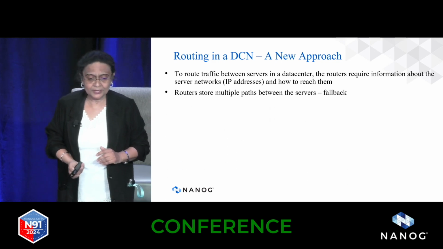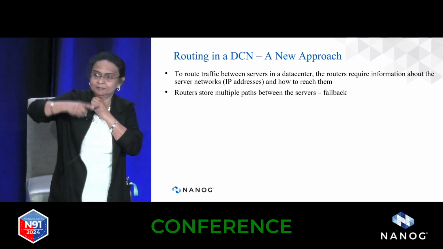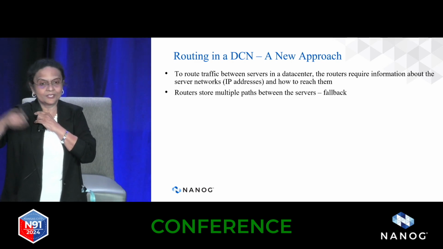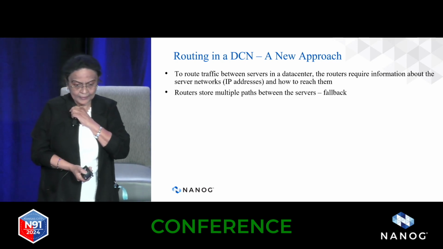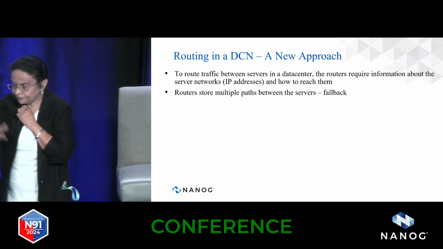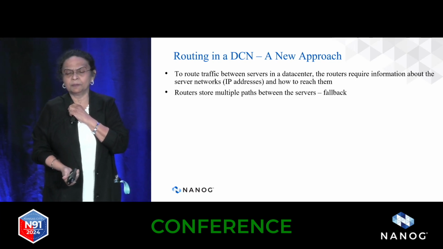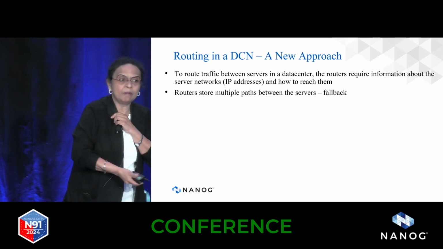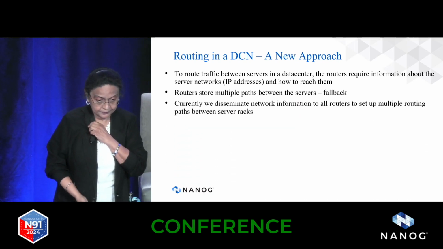You don't need all the paths between every router, and that doesn't have to be disseminated at all. Besides identifying paths to the servers, you should be able to store multiple paths, so that in case a path fails, you get a quick fallback or failover.